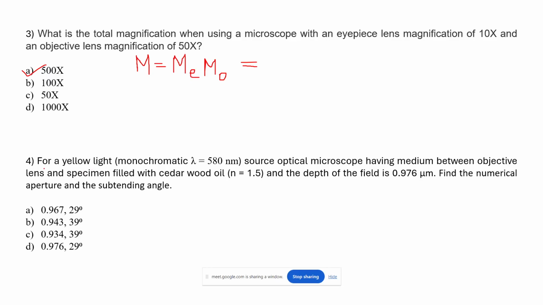So we'll move to the fourth question, which says that for a yellow light, that means a specific wavelength they have given. So that is a monochromatic light. Can anybody tell me which of the aberrations will not be present in this monochromatic light?